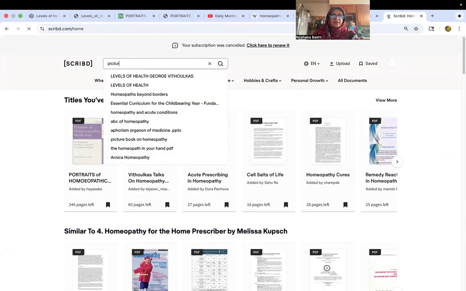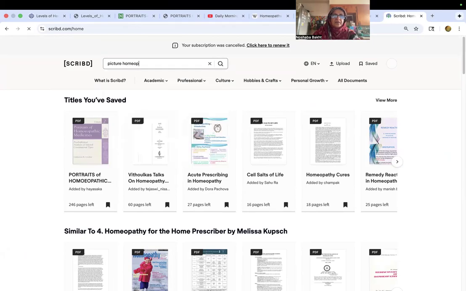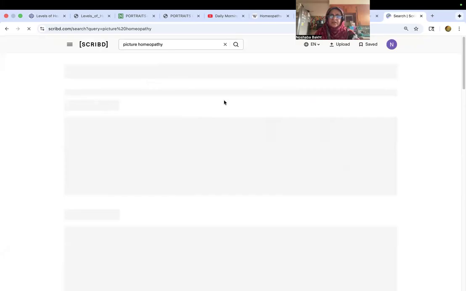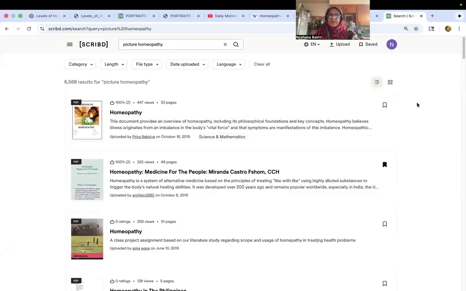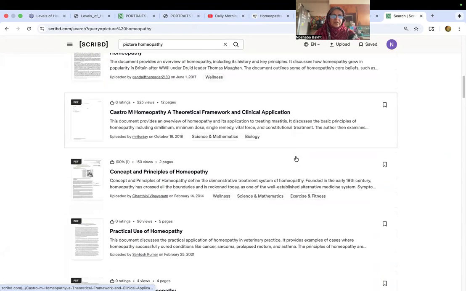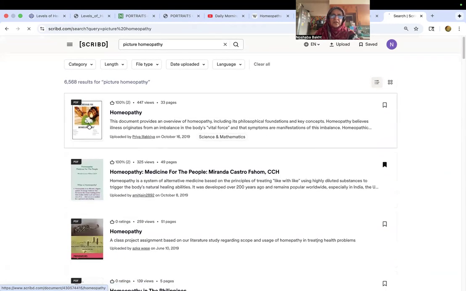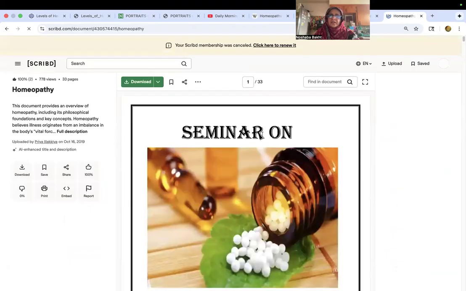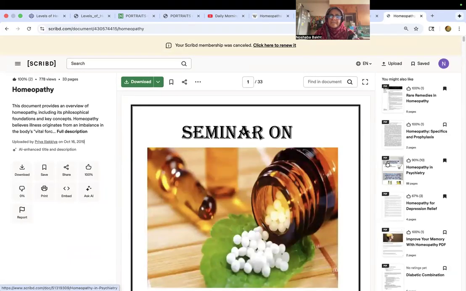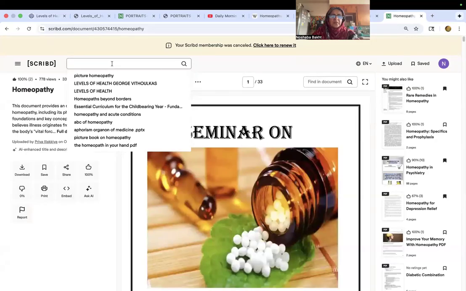I want to show you that Picture Homeopathy, it's a very useful book.